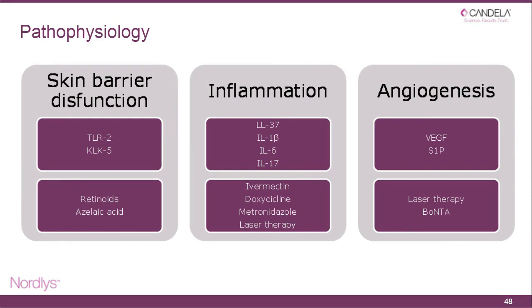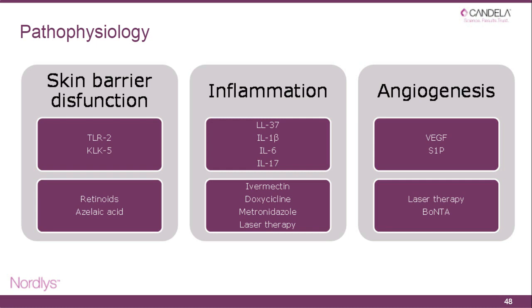The skin barrier dysfunction is mainly mediated by TLR2 and KLK5, and the main examples for treatment are retinoids and azelaic acid. On the part of inflammation, we have two main actors here: the cathelicidin LL-37 and interleukin 17.